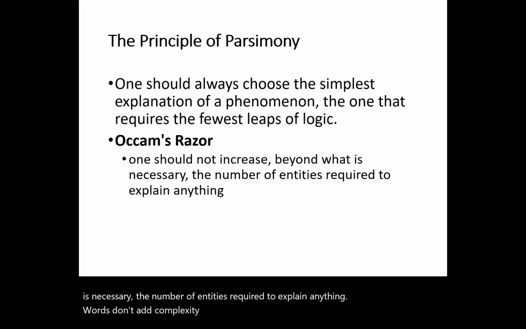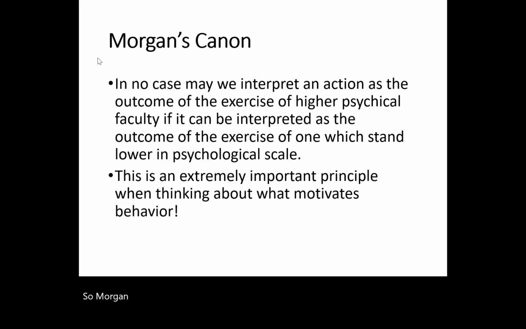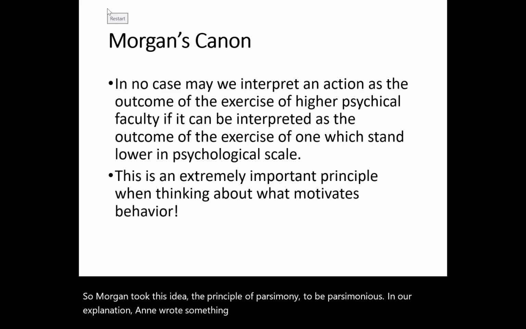Don't assume the most complex explanation when a simpler explanation is going to help you explain it. So Morgan took this idea, the principle of parsimony, to be parsimonious in our explanation, and wrote something very directly related to animal behavior. This is known as Morgan's canon.